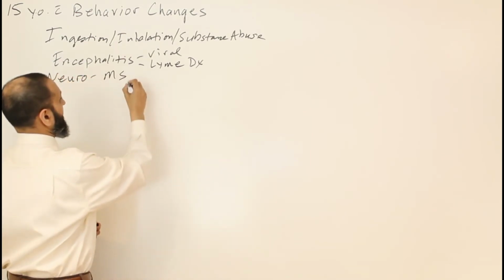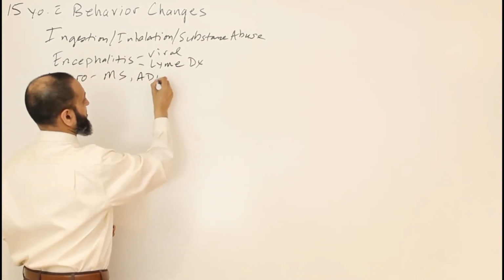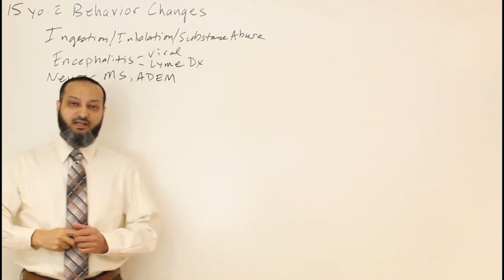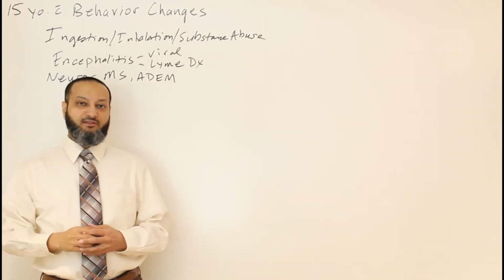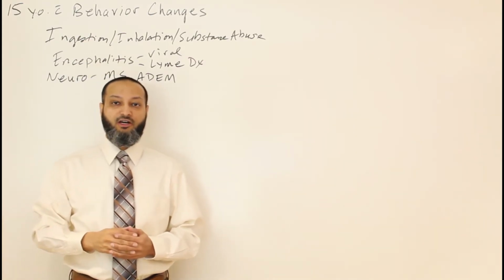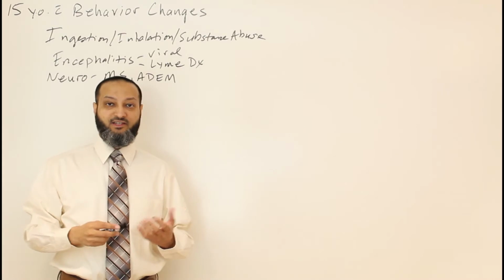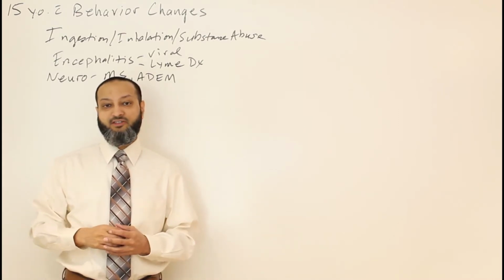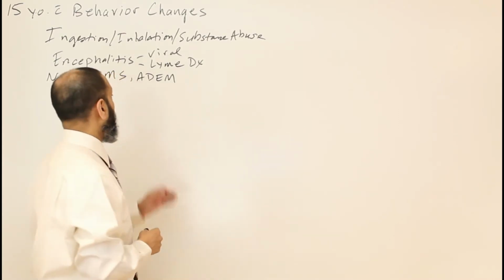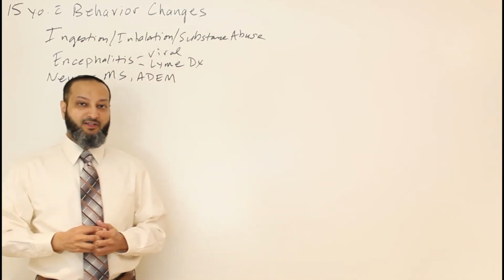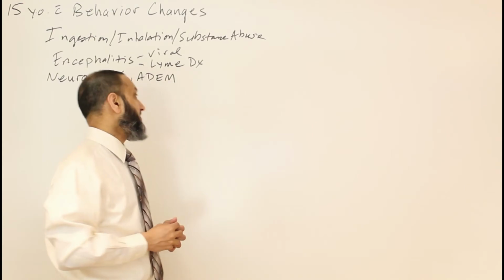Another entity causing demyelination is called ADEM, acute disseminated encephalomyelitis. This is where you have demyelination in the brain related to some sort of viral process, so it's a post-viral type of demyelination that can occur. So thinking about demyelinating processes like multiple sclerosis or ADEM is another consideration as well.